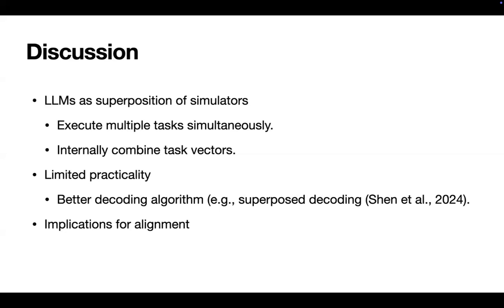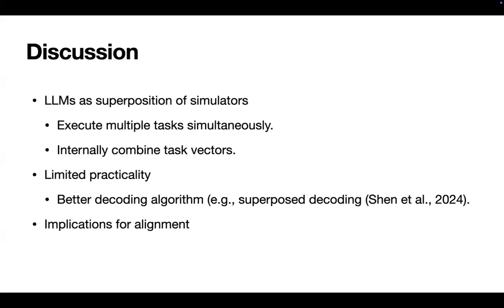And there is also an implication for alignment. So if we think of current, say, RLHF alignment, we train the model using reinforcement learning or DPO by aligning the model with the desired output we want.